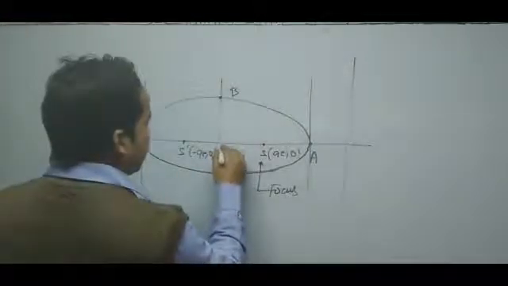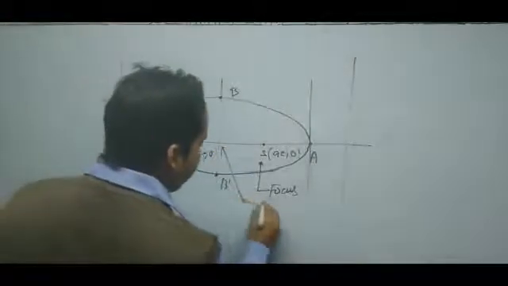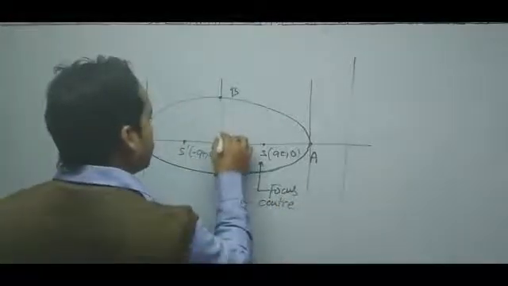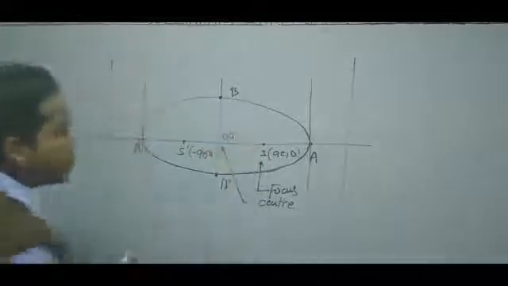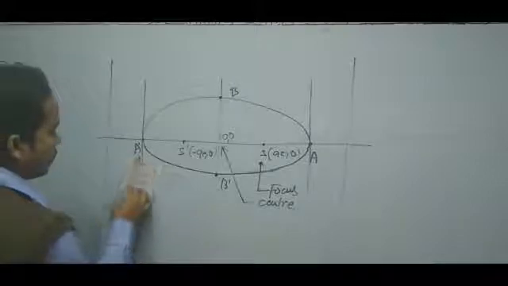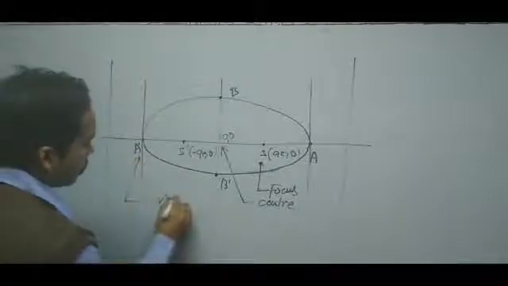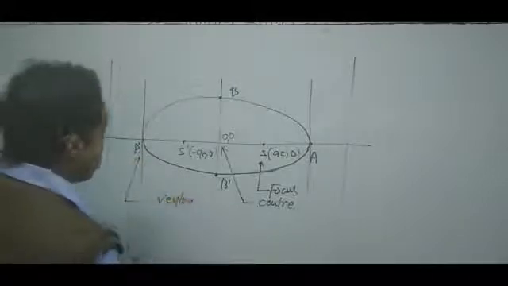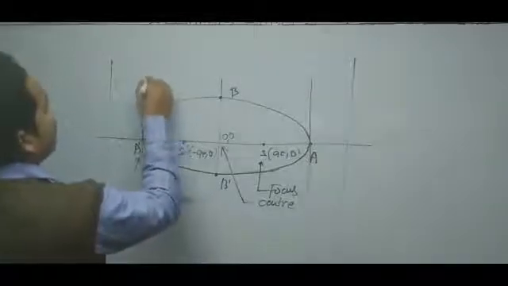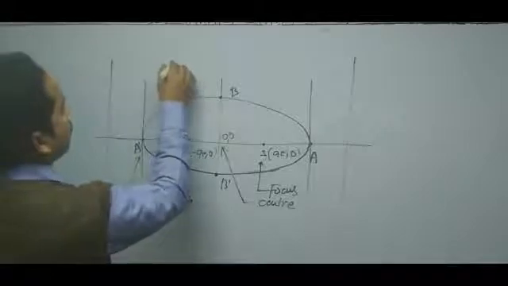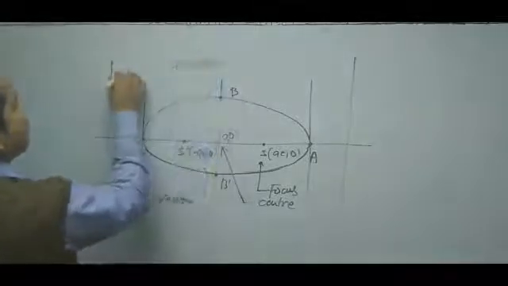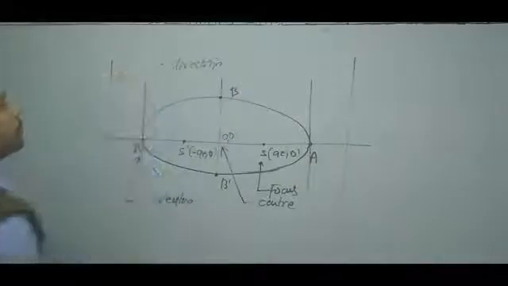And you know, this is the center of the ellipse (0, 0), and this is the vertex. This is the directrix, this line is the directrix.